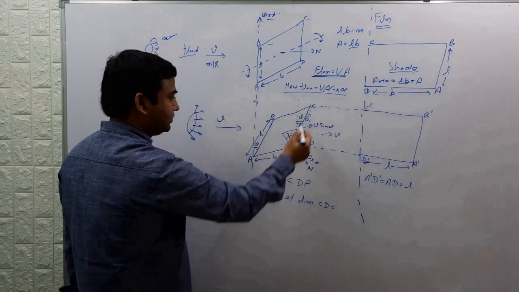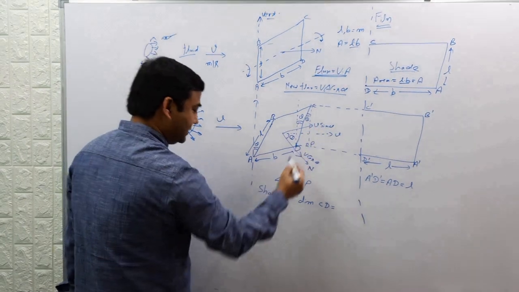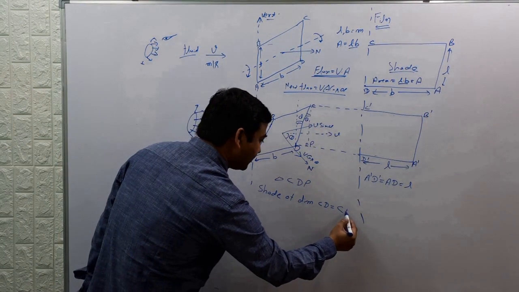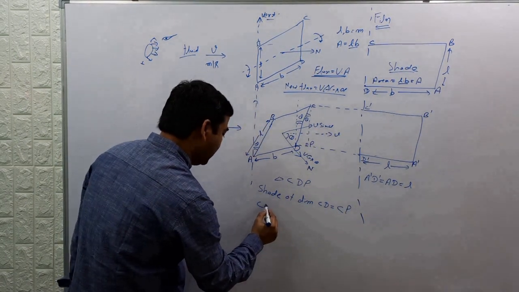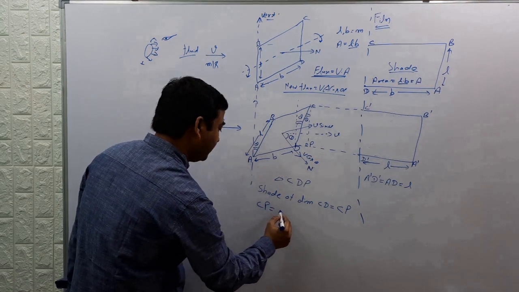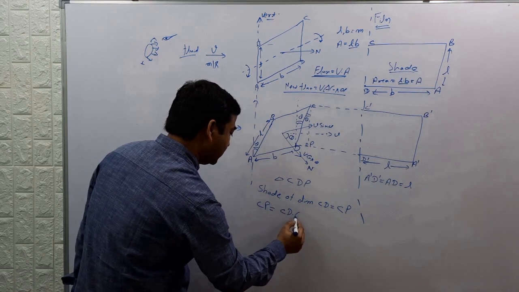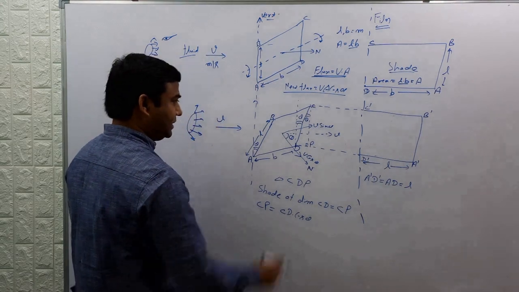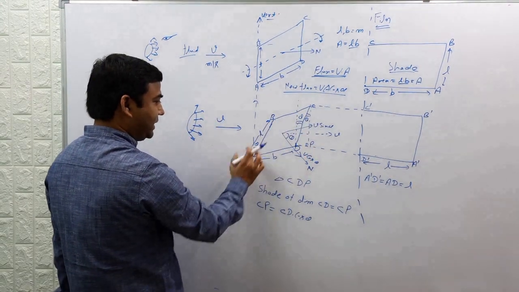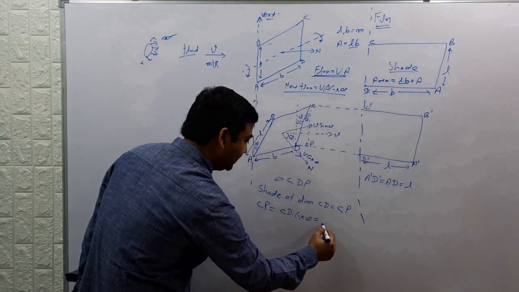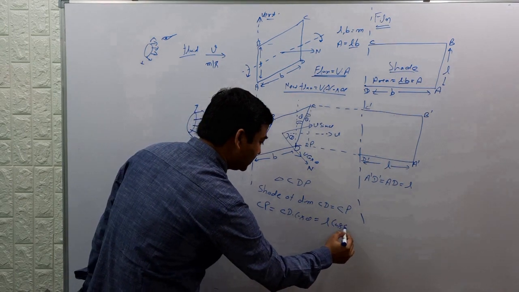So the shade of dimension CD is CP, and CP is equal to CD cos theta. CD is AB and AB is L, which can be written as L cos theta.